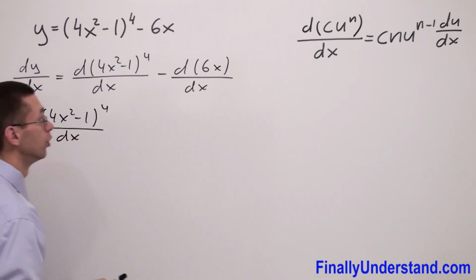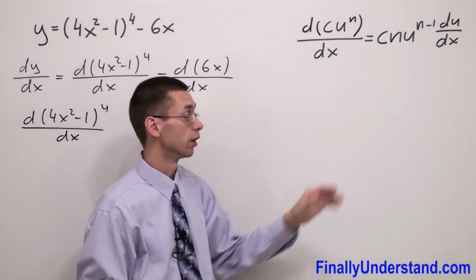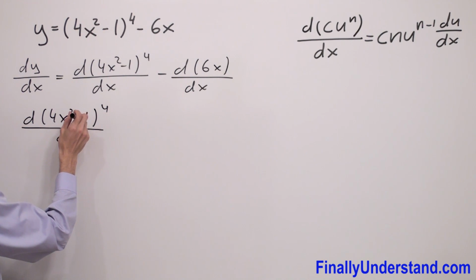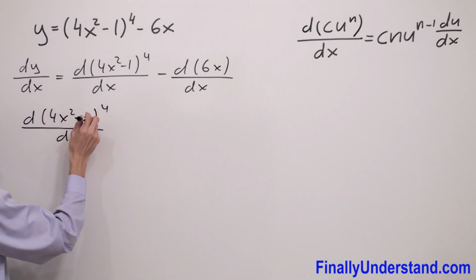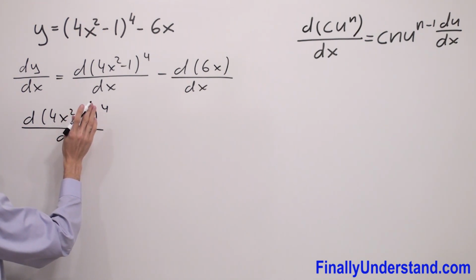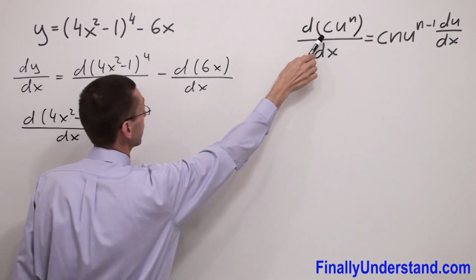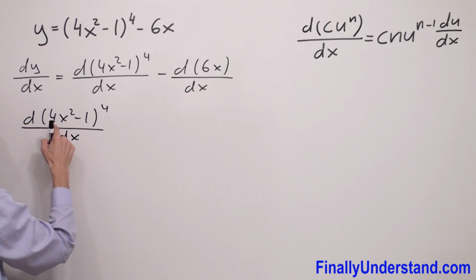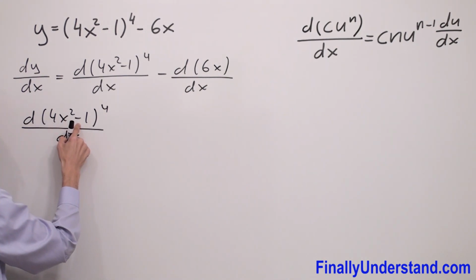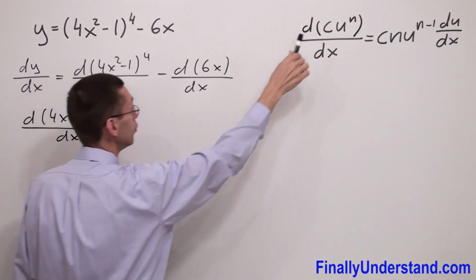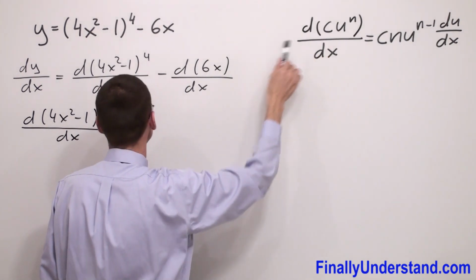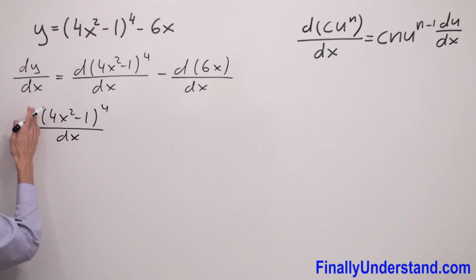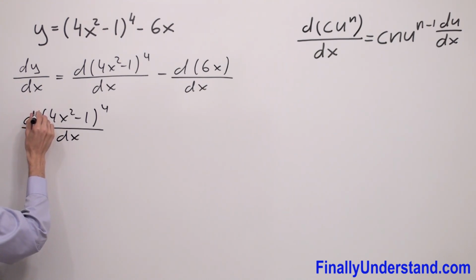We're going to use this formula called the derivative of a function raised to a power. Okay, so how are we supposed to look at this function? We have a constant. We have u, which represents the content of my parenthesis, and I have n, which represents the exponent. Anytime we have no constant at the front of the parenthesis, there is always an invisible one.